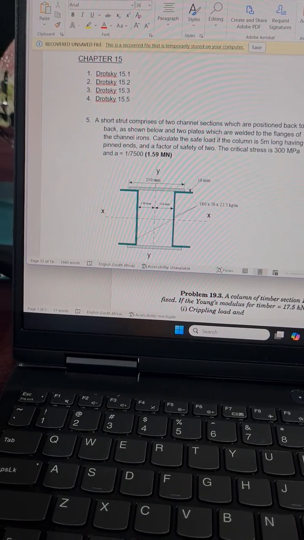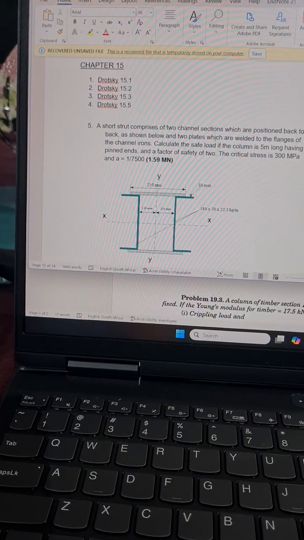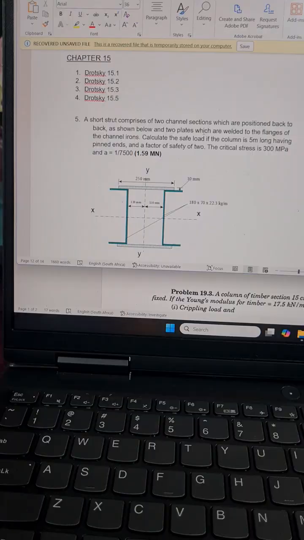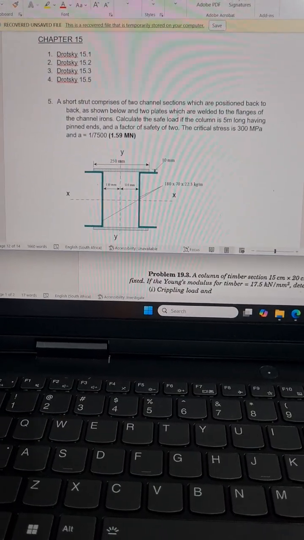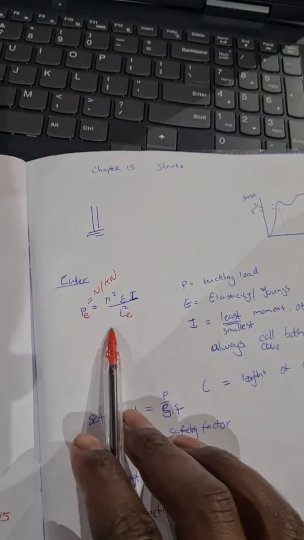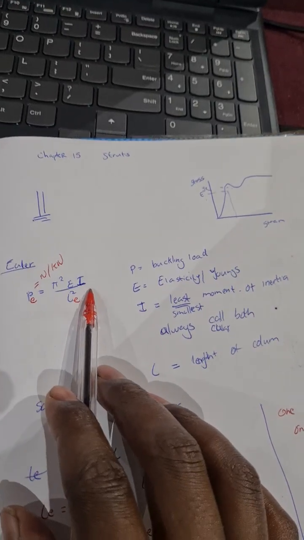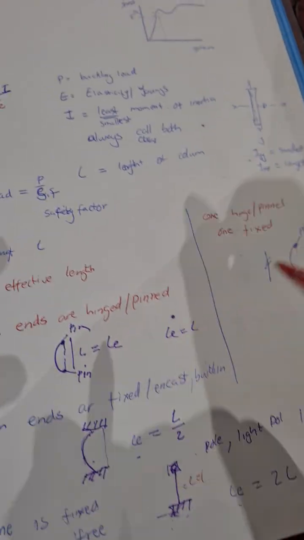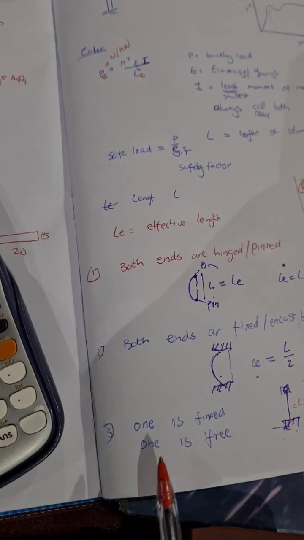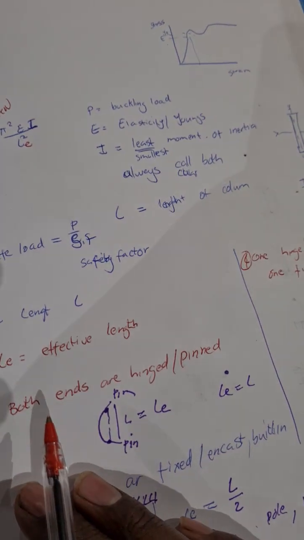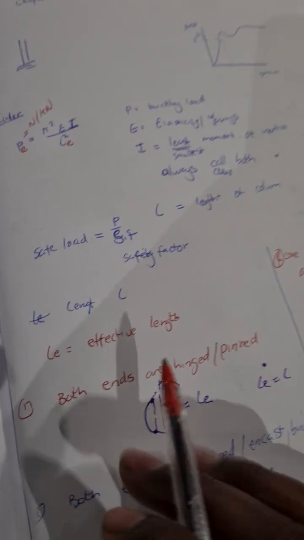Obviously I have to explain the other section, Rankine, but basically this is what you need to know. There's nothing to it. Let's recap very fast. It's just knowing this formula, knowing that I is the least, and these 4 conditions. This is number 4. These 4 conditions must be in your brain.